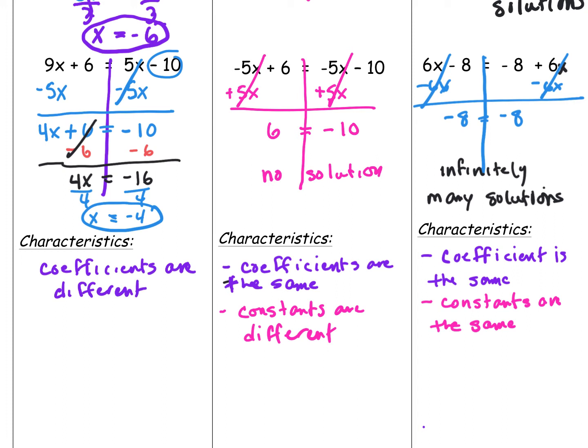This is the only one that has coefficients that are different. Both the no solution and infinite solution had the same coefficients. And then the constants may or may not be the same. In this case, they were different in both of the cases we used, but they may be the same or they may be different.